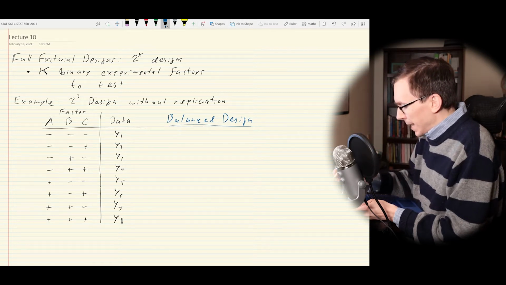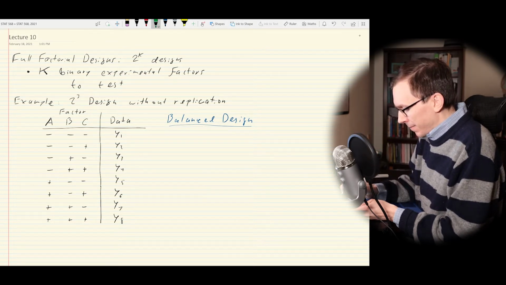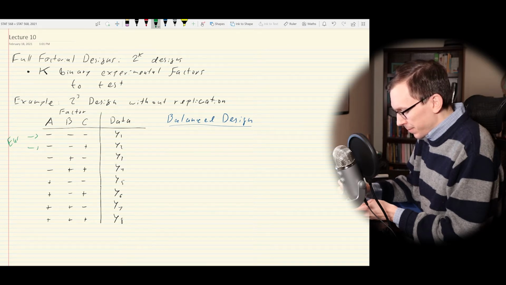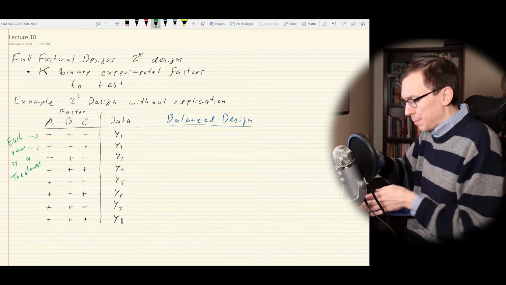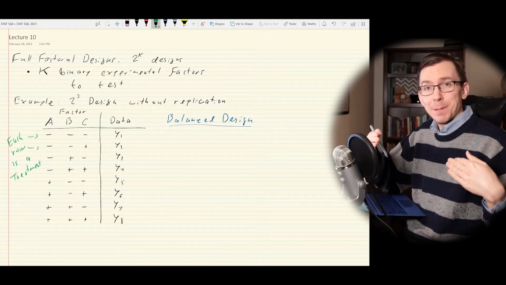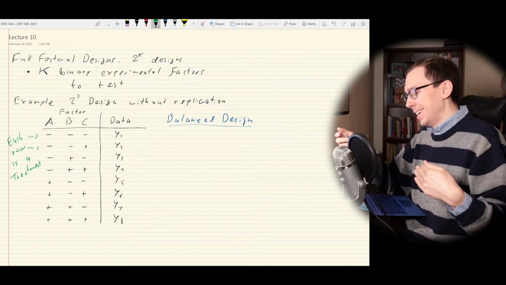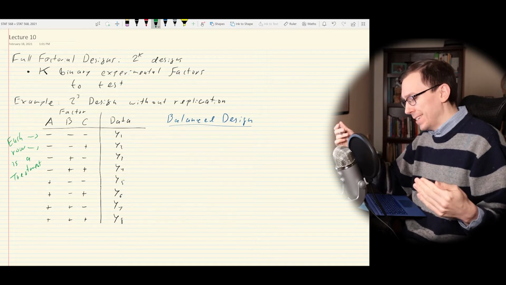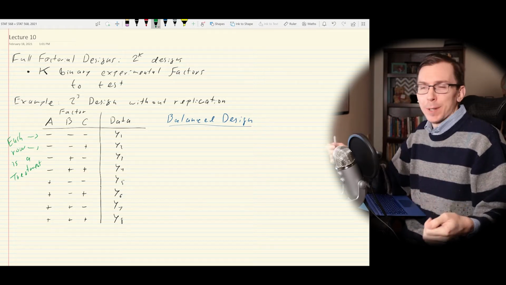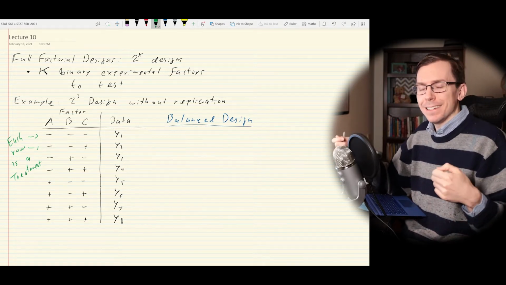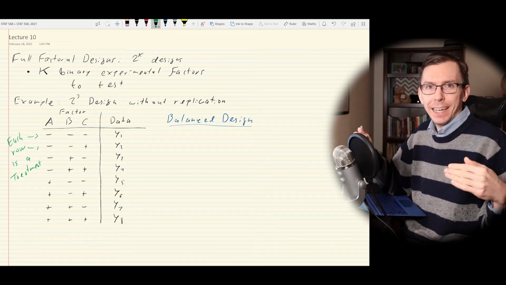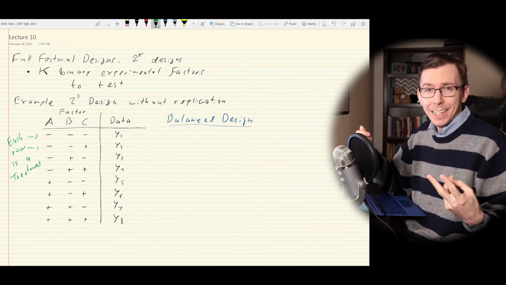So what I said before was that basically each row is a treatment. It is a specific combination of experimental factors. So there are 8 different treatments in this study. If I were to replicate it, there would still be 8 different treatments. We would just replicate each one twice, if that makes sense.